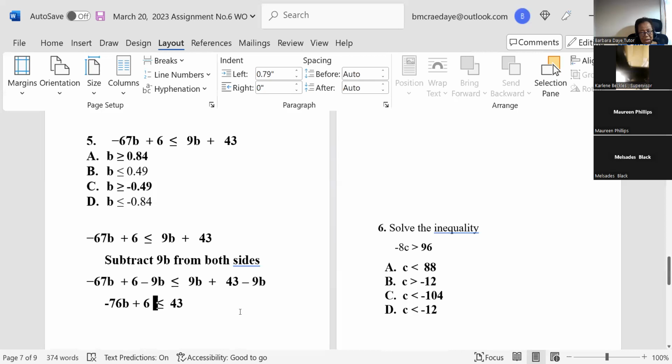Everybody okay now with where we are? No, give me a sec. Oh, you did the other side again? You say 9B plus 43 minus 9B, and the 9B minus 9B is 0. Plus and minus the same expression gives you 0.